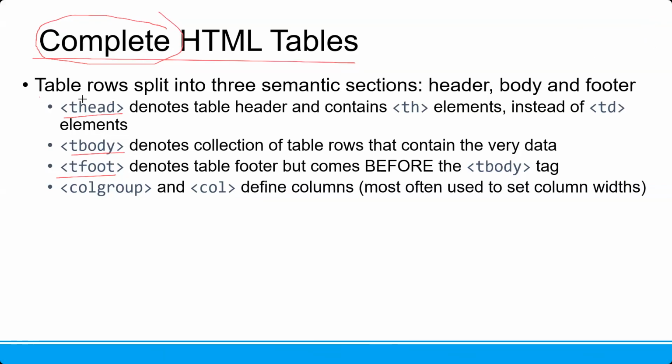Okay, so the table rows split into 3 semantic sections: header, body, and footer. So thead denotes the table header, and it contains TH elements. It is not TD because TD is only the data, but TH is the header.